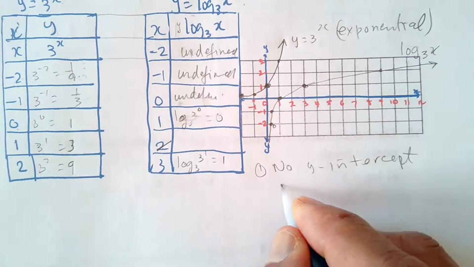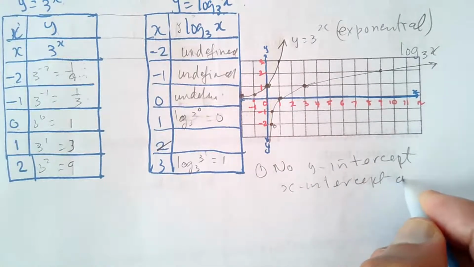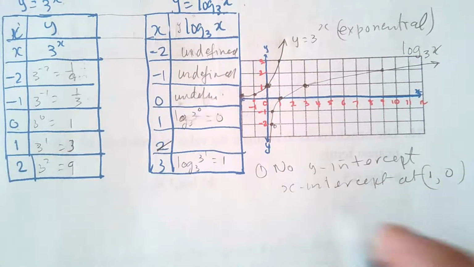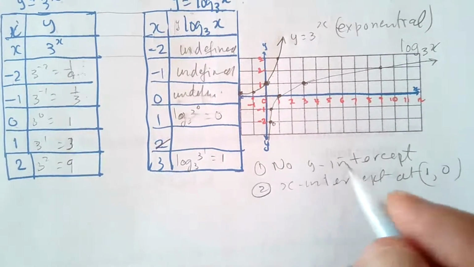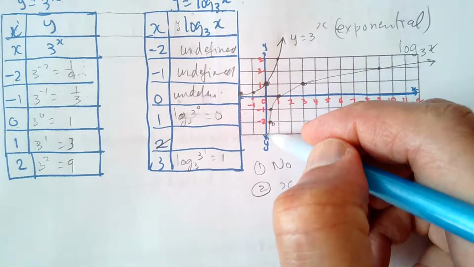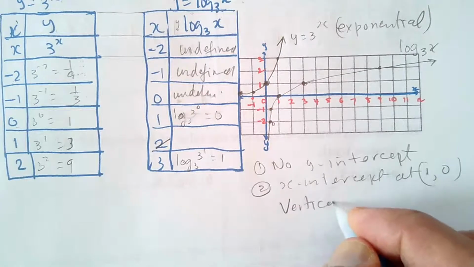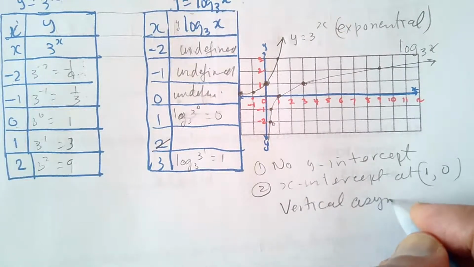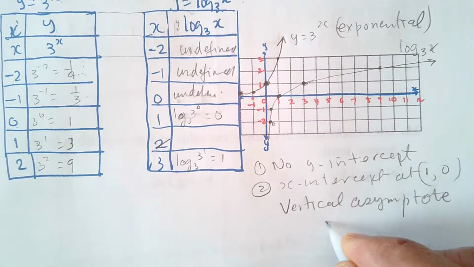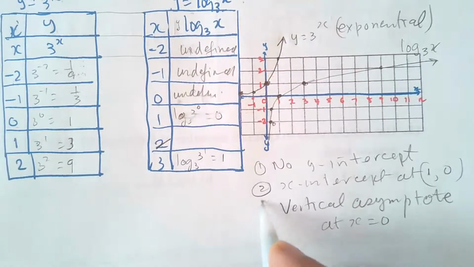There is an x-intercept at 1, 0. There's a vertical asymptote. The graph doesn't touch the y-axis. So vertical asymptote at x equals 0. Doesn't touch.